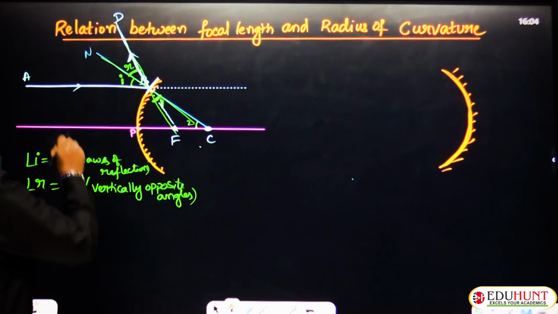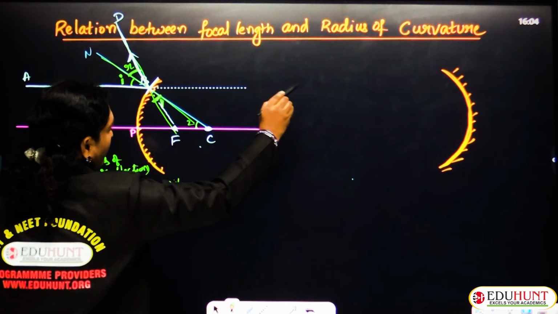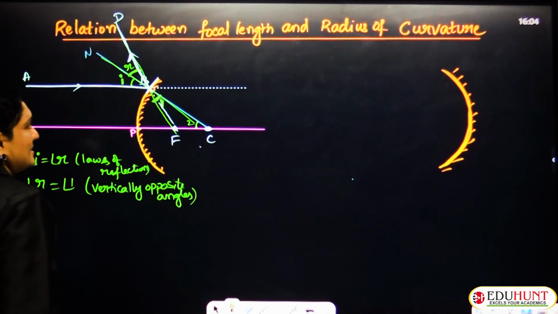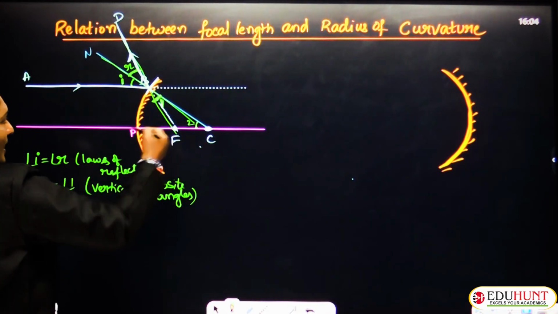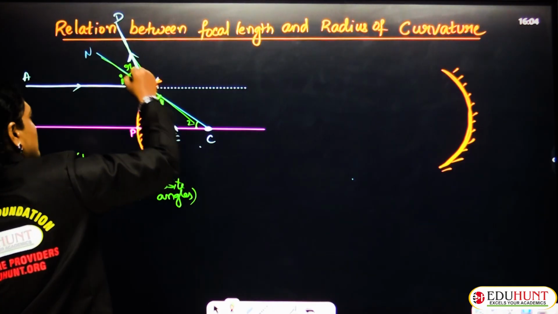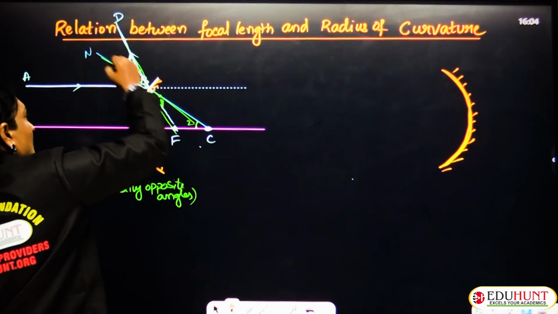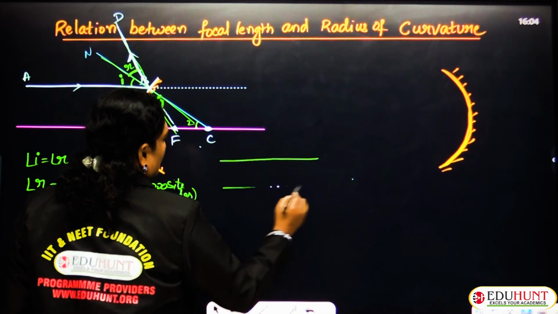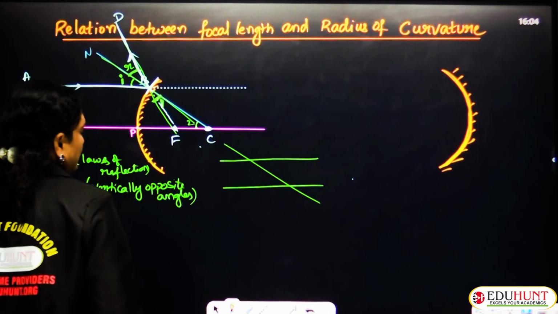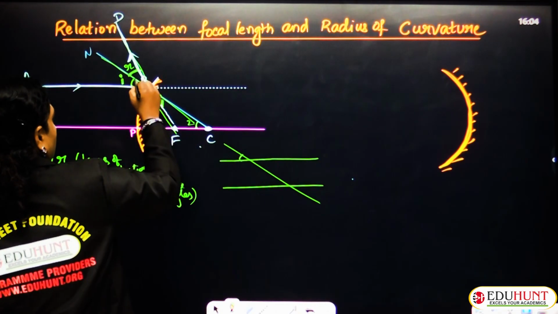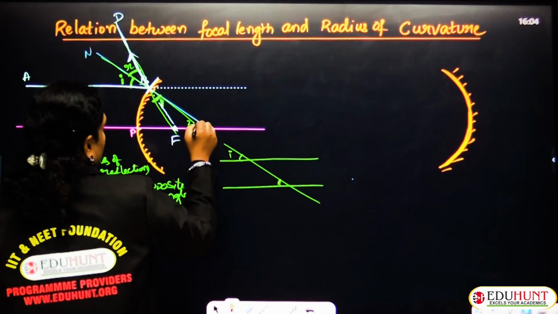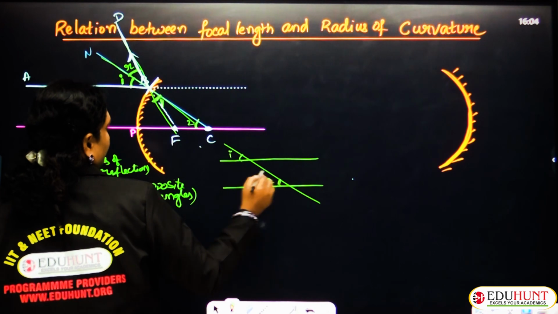One more point is that if you produce the AB line ahead, we observe that this AB line is parallel to the principal axis. If two lines are parallel and NC is an intersecting line for AB and BC, then here we observe that this portion is I, and this portion here is equal to 2.